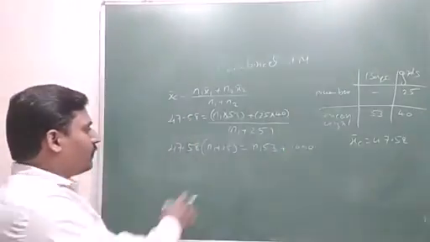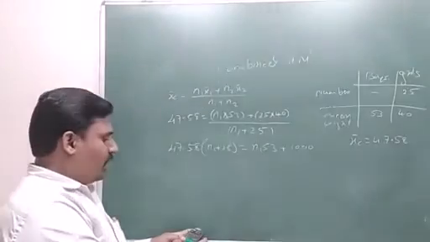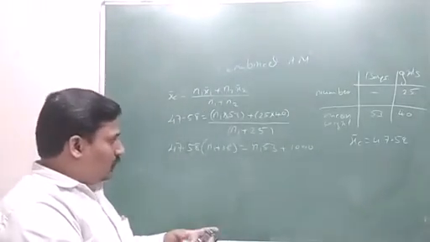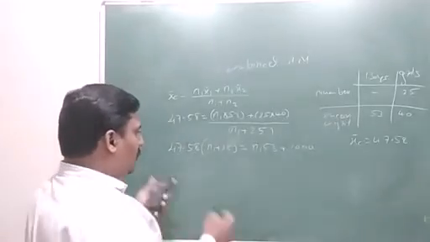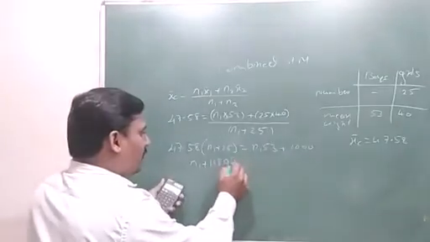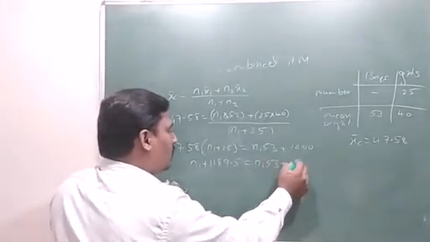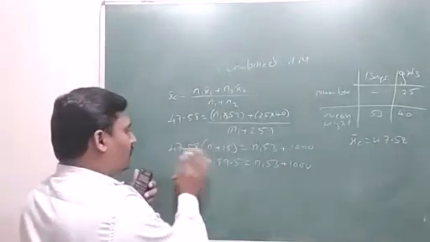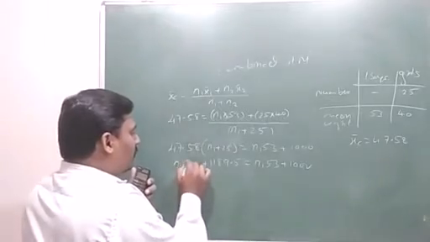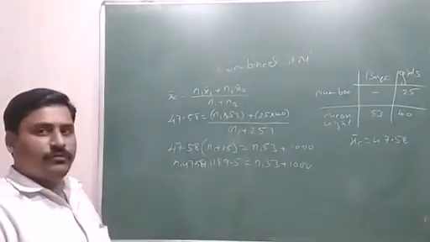So here if we open this bracket, 47.58 into n1 plus 47.58 into 25, which is 1189.5, is equal to n1 into 53 plus 1000. So here n1 into 47.58 is n1 47.58.